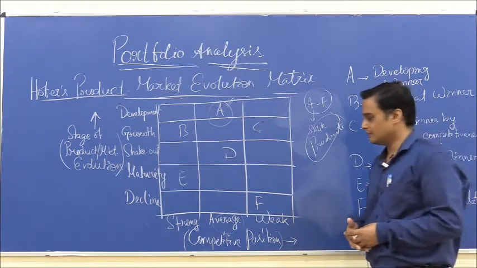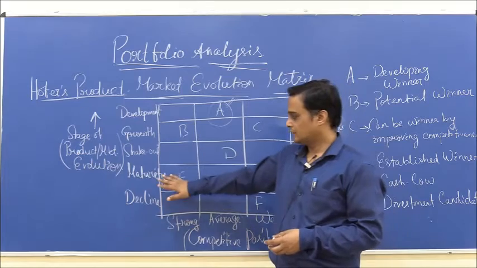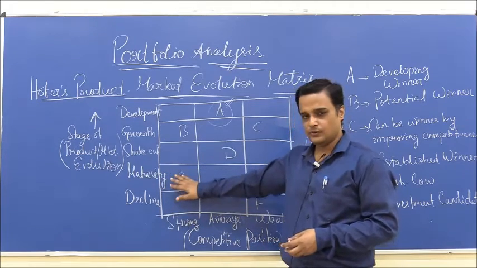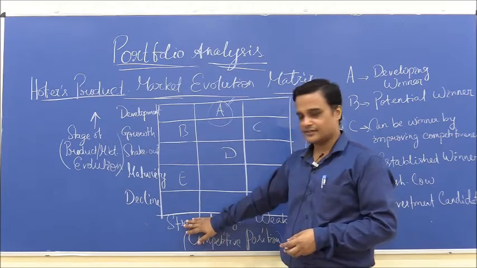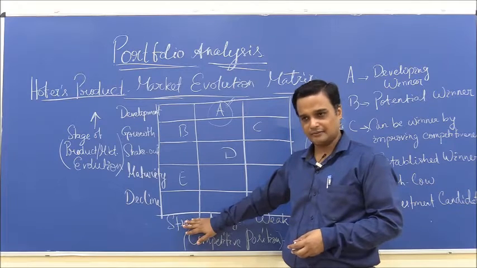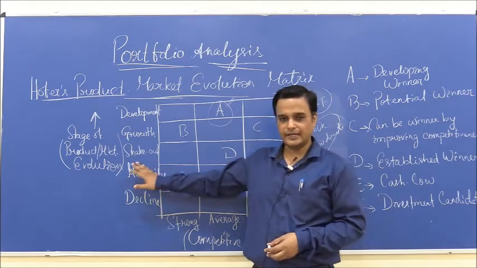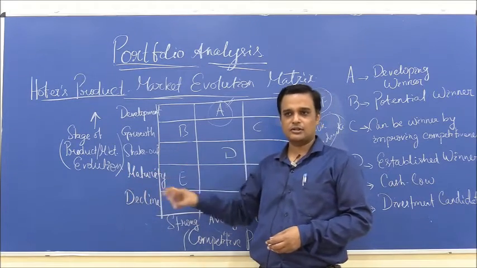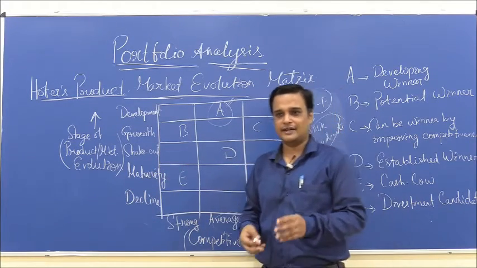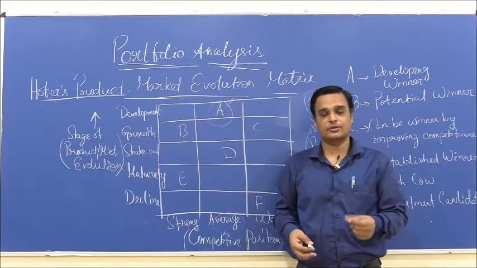In the next phase, you have a brand, SBU or product which has a strong market share or a high market share, a very strong competitive position, and it is operating in a mature market. Mature markets, as I said, have started showing signs of saturation.